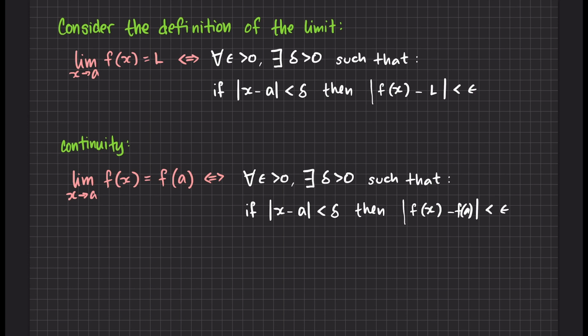Na for any epsilon greater than 0, there would exist a delta greater than 0 such that if the distance of any x na gagamitin mo from a, kung saan natin evaluate yung limit, ay less than delta, kung malapit dun sa a yung x value, na yung lapit ay hindi lalampas ng delta, then yung difference nung resulting value ng function dun sa x na ginamit mo from f of a ay hindi lalampas ng epsilon. And if that is true, then our function is continuous at a.